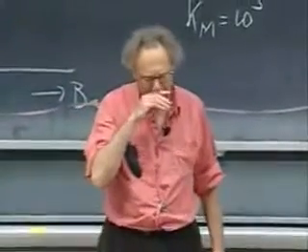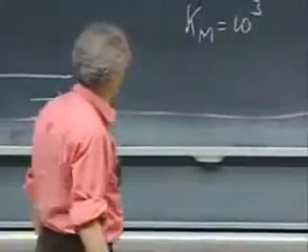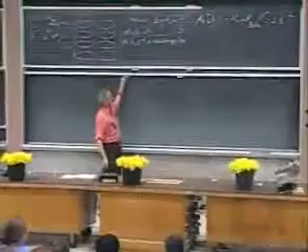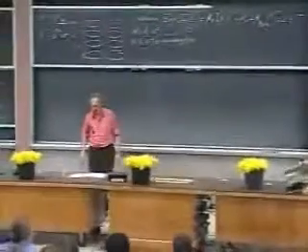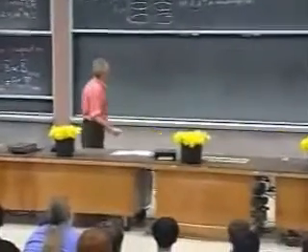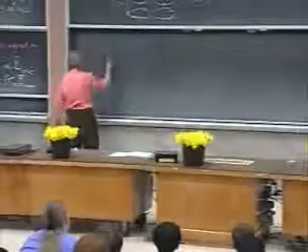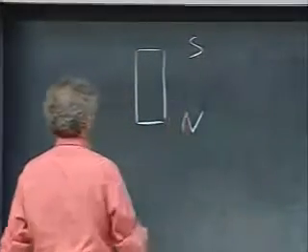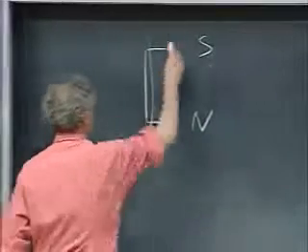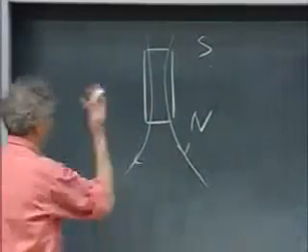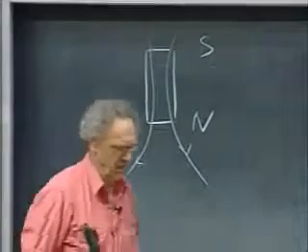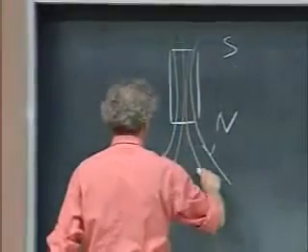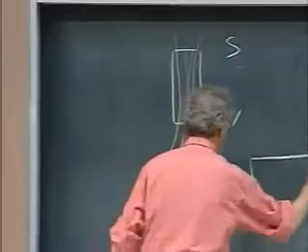If I bring ferromagnetic material in the vicinity of a magnet, I change the magnetic field configuration, and that's very easy to understand now. Suppose I have here a magnet, North Pole, South Pole, and the magnetic dipole field is sort of like this. And now I bring in the vicinity a piece of ferromagnetic material.